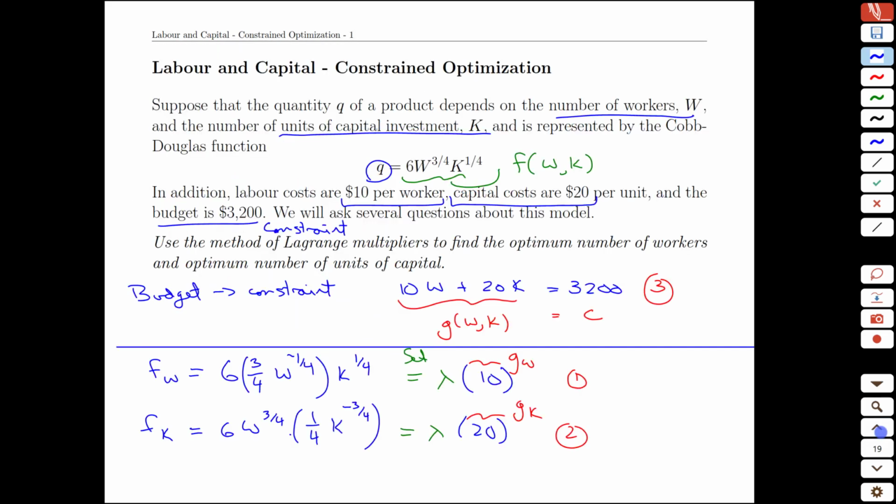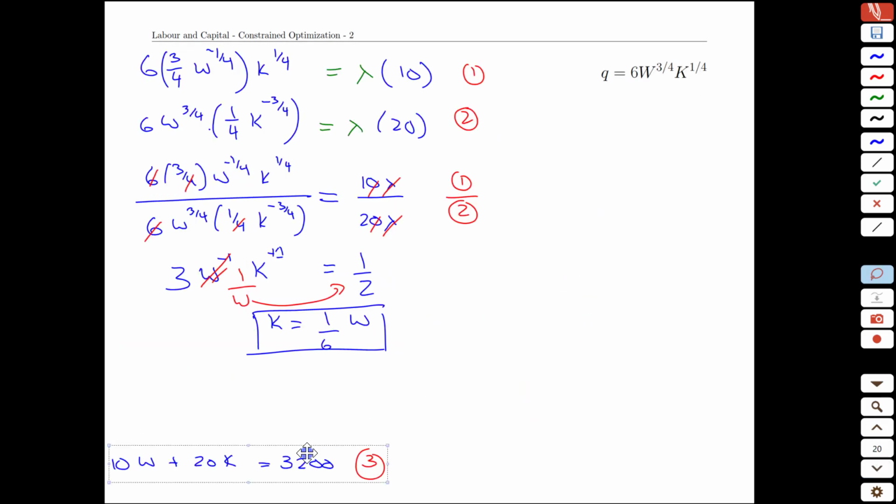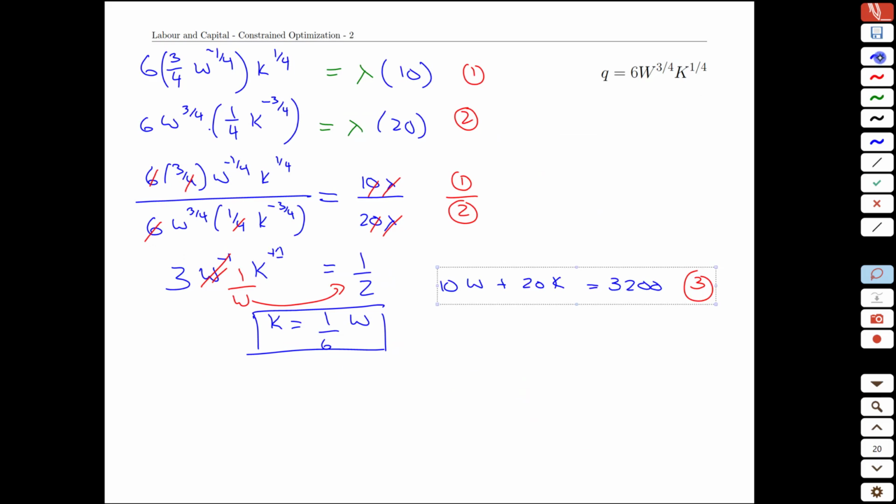We can now combine that with our budget constraint. So we grab our budget, bring it over to the other page, and see where that gets us. We now know that our capital is going to be 1/6 times the number of workers. Plugging that in gives us 10 W's plus 20 over 6 W's, W over 6, equals 3,200.